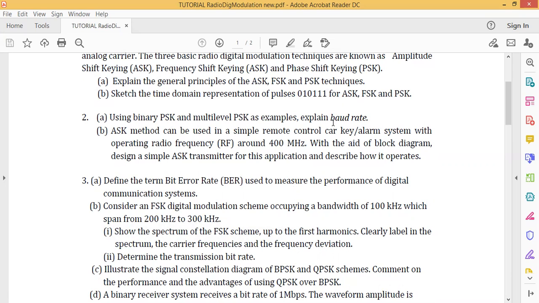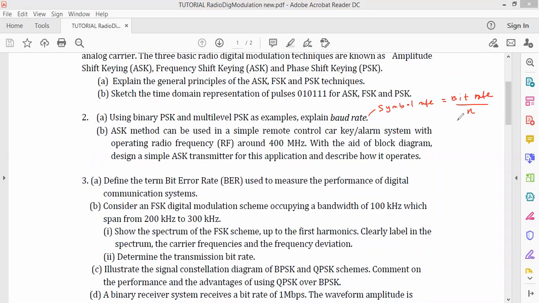Okay, so this actually is already explained in my lecture. So what is baud rate? Baud rate is equal to symbol rate, right? So it's equal to symbol rate, which is equal to bit rate divided by n, right?